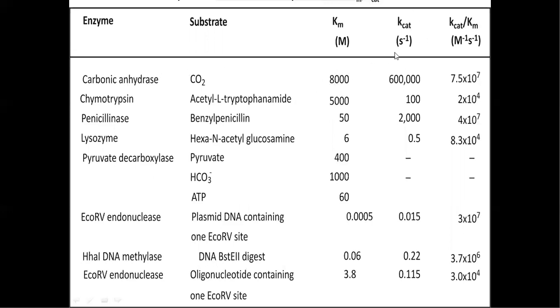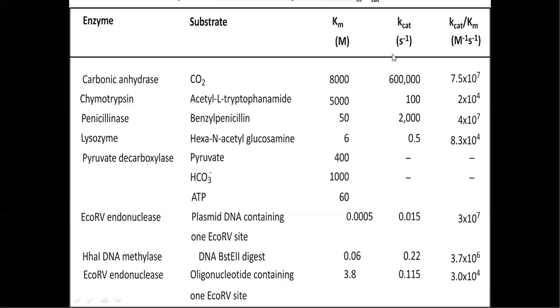And here the Kcat value is also called the turnover number. The turnover number means the number of substrate molecules the enzyme catalyzes every second. For example, the carbonic anhydrase enzyme catalyzes 6 lakh substrate molecules every 1 second.